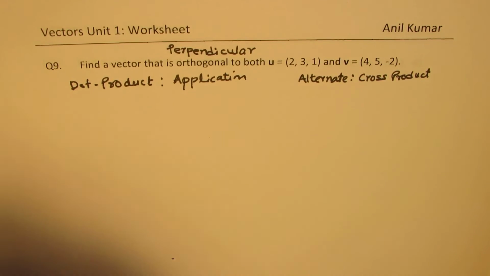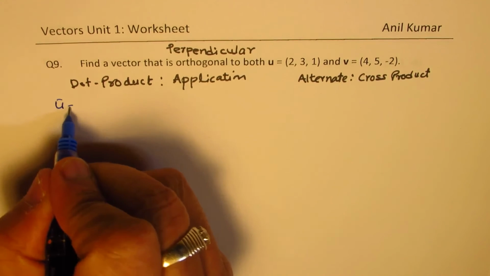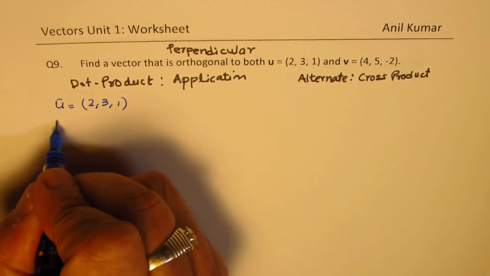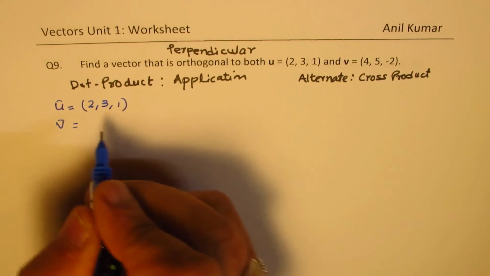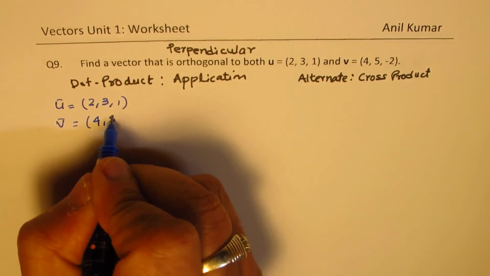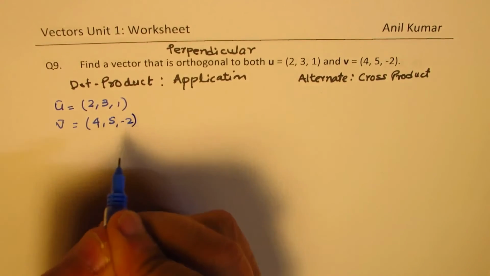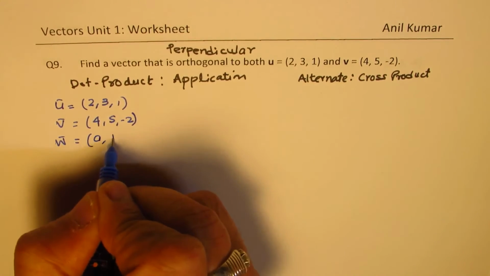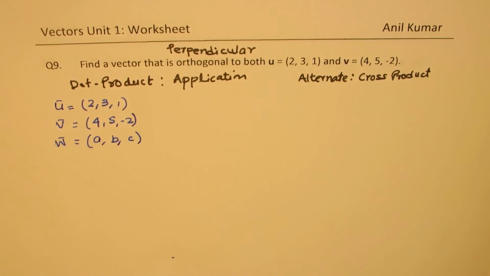So we are given two vectors. One of them is u, which is (2, 3, 1). The other one is v, which is (4, 5, -2). Let us say w is orthogonal to both, and let's call it (a, b, c).